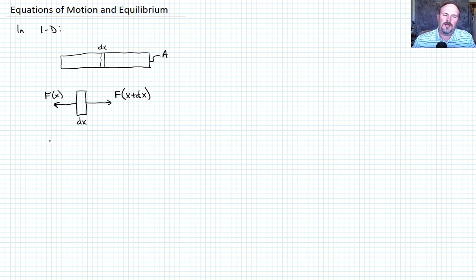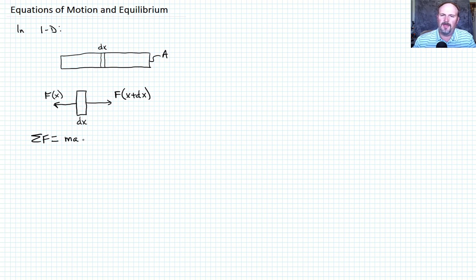So I can write that the sum of the forces, so this is a positive, this is a negative, must be equal to the net force, which by Newton's second law must be equal to the acceleration, right? F equals ma is what we're looking for. So let's say the sum of the forces should be equal to ma.